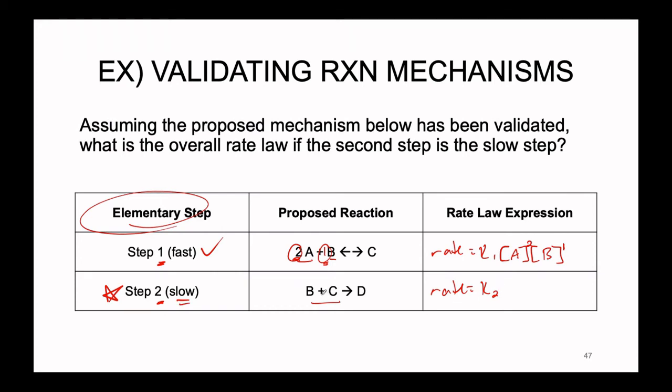Okay, so step 2, we have a reactant B and a reactant C. Now this B and C are also going to be multiplied together. Their stoichiometric coefficients are both 1s, so we can have little implicit 1s up here, but ultimately the rate is going to be equal to our second rate constant multiplied by the concentration of B and the concentration of C initially.